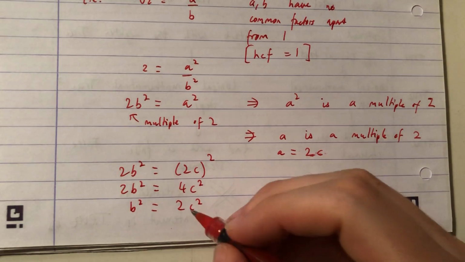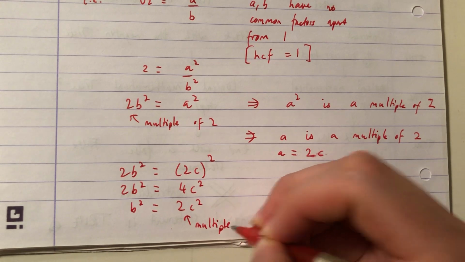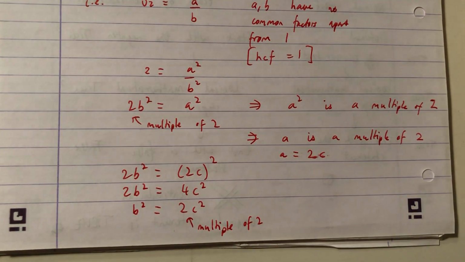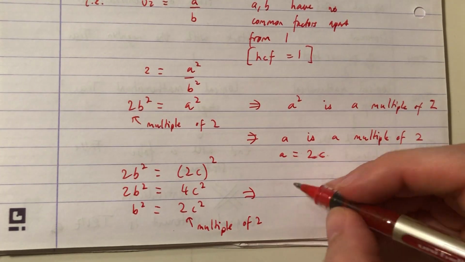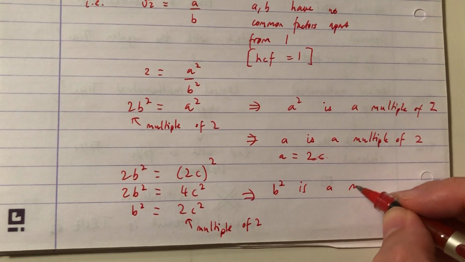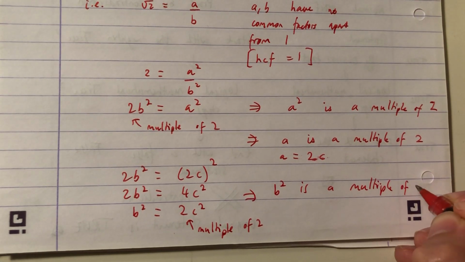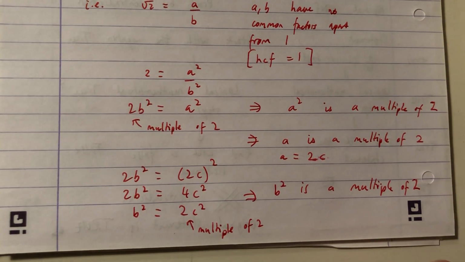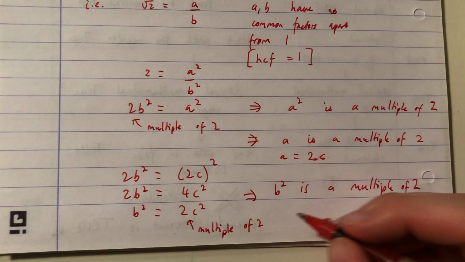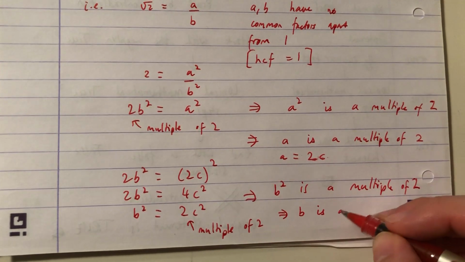This is a multiple of 2. This implies b squared is a multiple of 2, which in turn implies b is a multiple of 2.